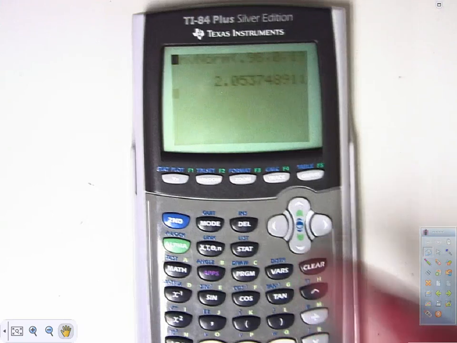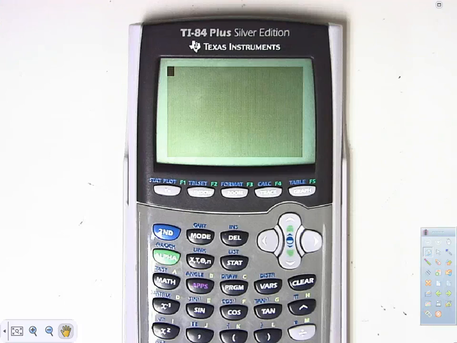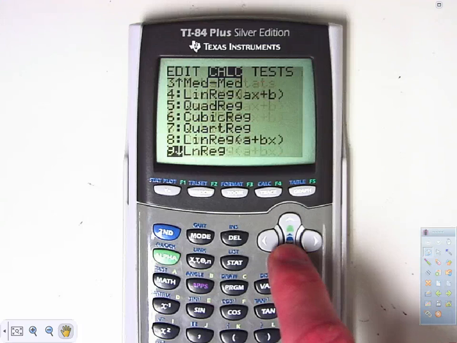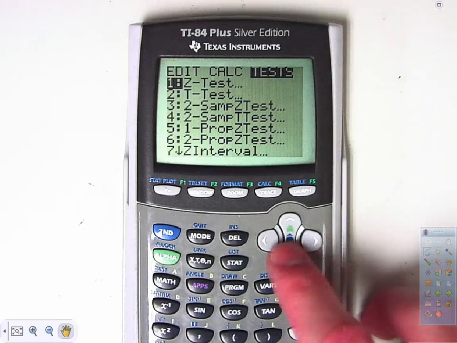But anyway, all of your inference procedures are going to be under stat calc. Sorry, not calc, stat tests. This is where all of your tests are going to be. It's your stat menu, your stats menu. And we called this a one sample Z interval.